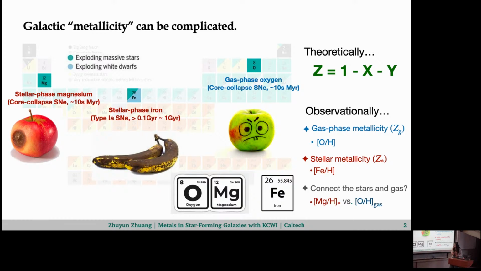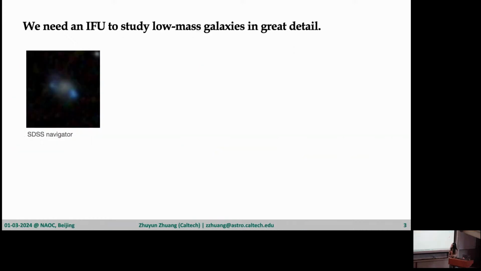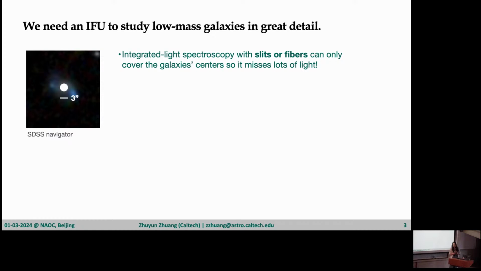So in this talk, I'm going to focus on the measurements of these three elements: gas phase oxygen, stellar magnesium, and stellar iron. And the next question is, how can we observe these low mass galaxies? These galaxies are very faint, so usually they look really puffy on the images. It's probably not ideal to observe them with either a fiber or slit spectrograph, because they are just not large enough, and we miss most of the light from the outskirts.